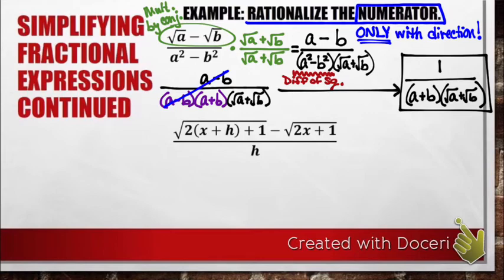But the same big idea is what we did up above. I've got a radical, a minus sign, and a radical, and I want the radicals to be gone in my numerator. So what can I do to get rid of the radicals in my numerator? Multiply by the conjugate. The conjugate of this is going to look exactly the same, but with a plus sign in between those two radicals instead of a minus.